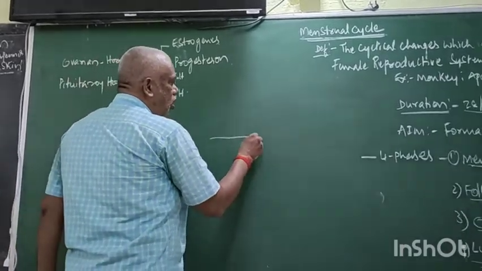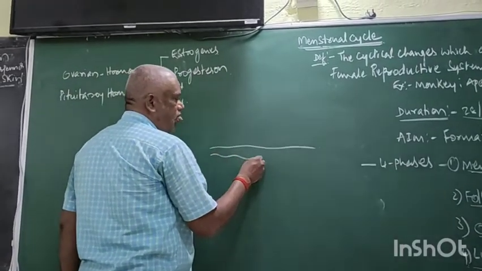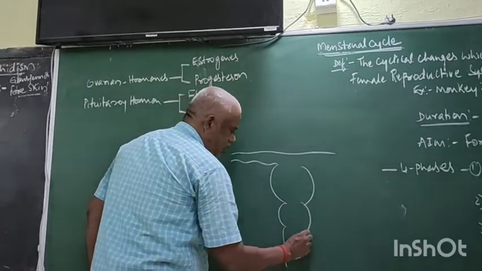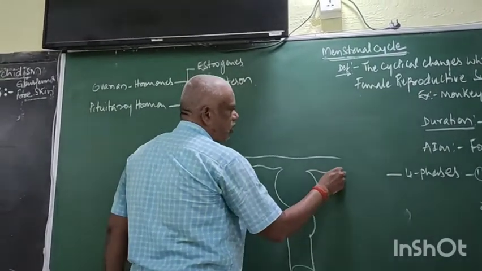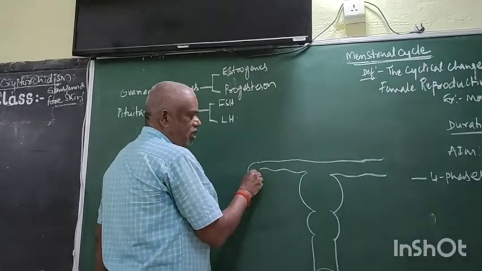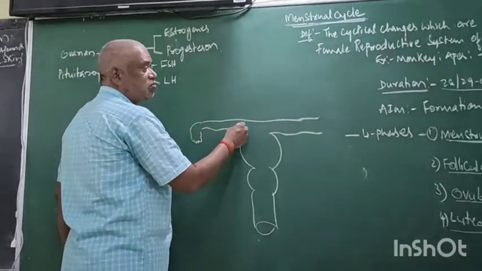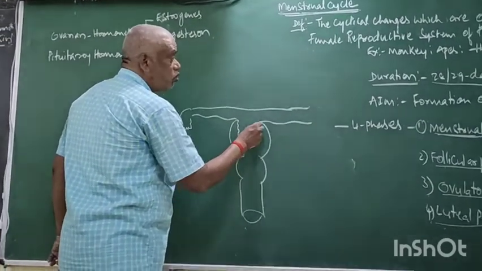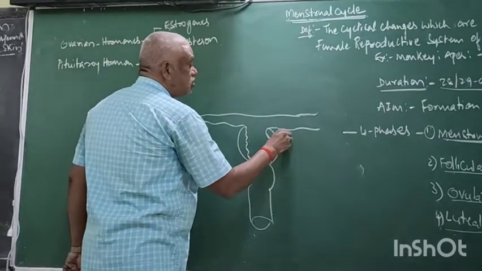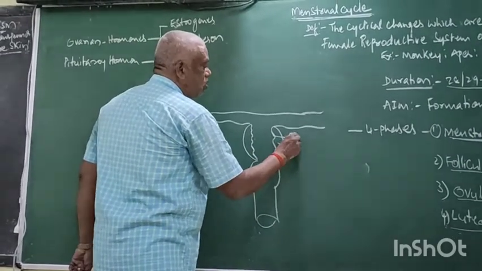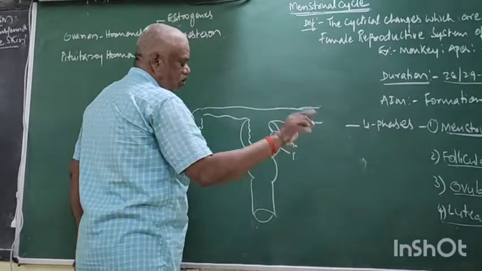This is the fallopian tube, uterus, cervix, vagina, vaginal opening. Fimbriae, infundibulum, ampulla, isthmus. The inner lining of the uterus is the endometrium, then the myometrium, then the perimetrium.